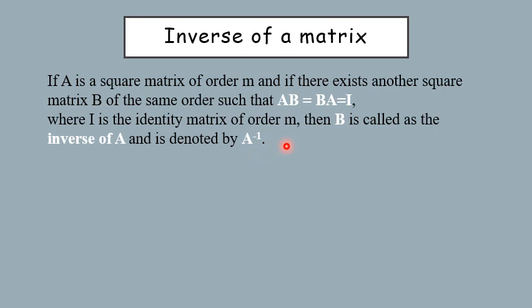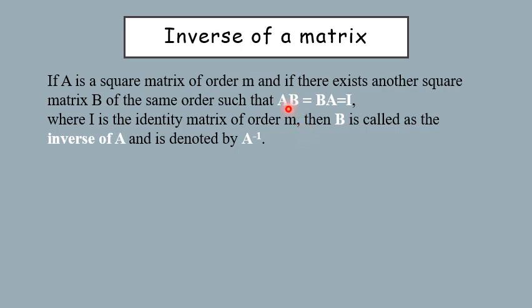So in mathematics, matrix multiplication is not commutative. But if the given two matrices are square matrices of the same order, and AB is equal to BA, and the answer is I, the identity matrix, then we say that the two matrices are inverse of each other.